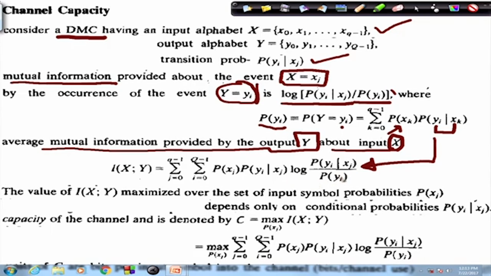So, this is the mutual information expression averaged over the joint distribution of x and y, over all possible x and y. This is the averaged mutual information, and the capacity is defined as the maximum value of the average mutual information over all possible source probabilities.